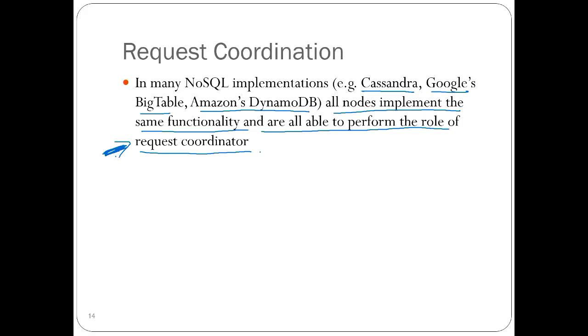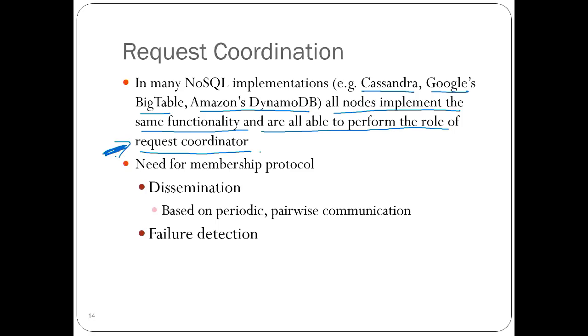A request coordinator, I would assume, is a server that is receiving a request and taking care of that. Here, all nodes are capable of working as a request coordinator. Great. Now, in order for that to happen, there is something called a membership protocol.